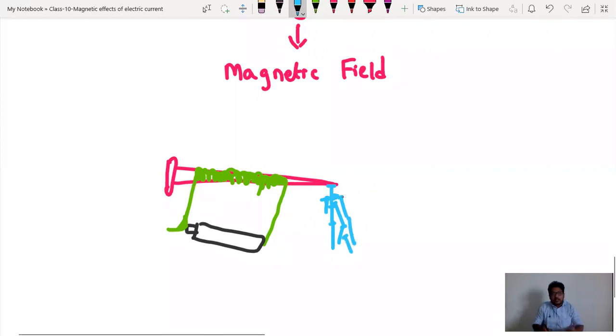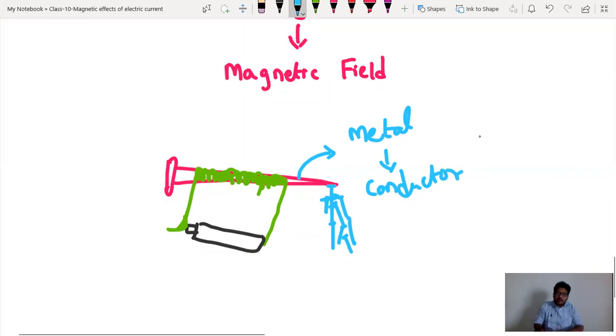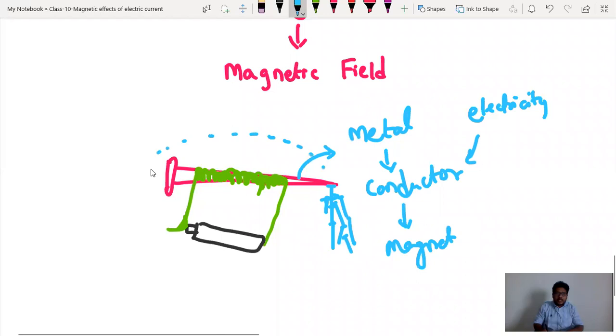They will be attracted. First of all, this iron nail was a metal. All metals are good conductors of electricity. Now we are passing some electricity to this conductor. This conductor is becoming a magnet, and around this magnet definitely there will be a magnetic field. So this point you must remember.